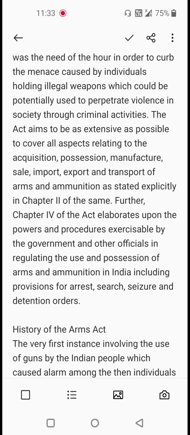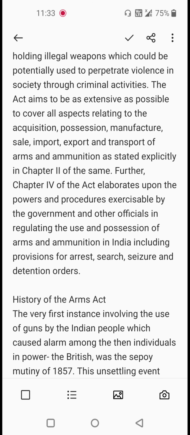This Arms Act was mainly passed to curb crime in our society, because if criminals have weapons and technology, then they can definitely commit crime in an organized way. That's why this Arms Act has been passed.